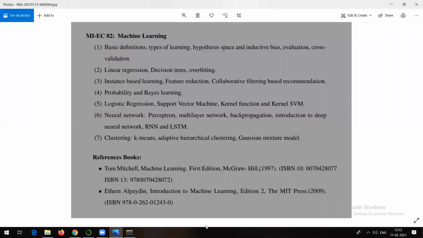Even from a job perspective, this is really good, because everything is under AI only. Machine learning is a part of AI. I will also talk about all those terms: machine learning, deep learning, computer vision, natural language processing, data science, and the difference between them. Only then will I move to types of learning and basic definitions, which I think we have discussed.